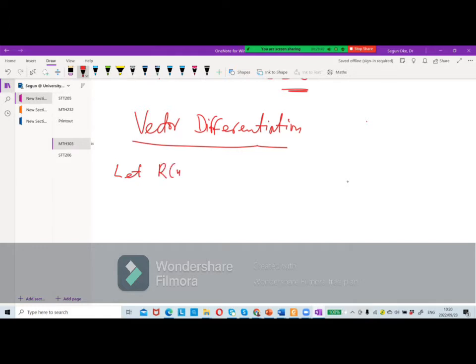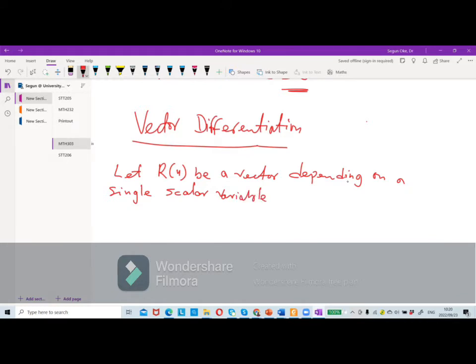We said let R of U be a vector depending on a single scalar variable U. Then we have the change.